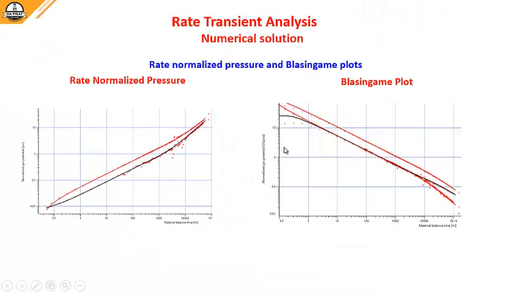Okay, so what we did with the data previously, and I'm going to show you that with the software later. You do your rate normalized pressure, you identify the model, this is linear flow, and eventually what you see here is a bending in the derivative, meaning that the fractures are interfering with each other, and therefore you are eventually reaching a pseudo steady state in the stimulated rock volume.